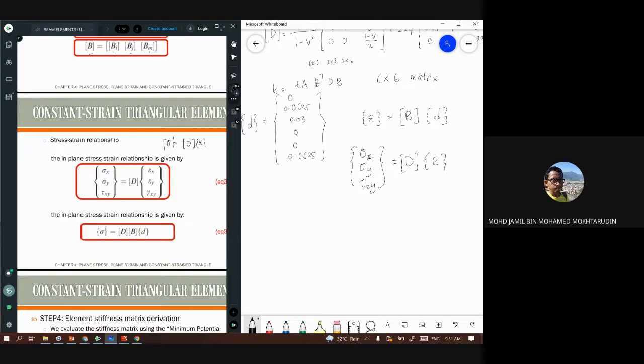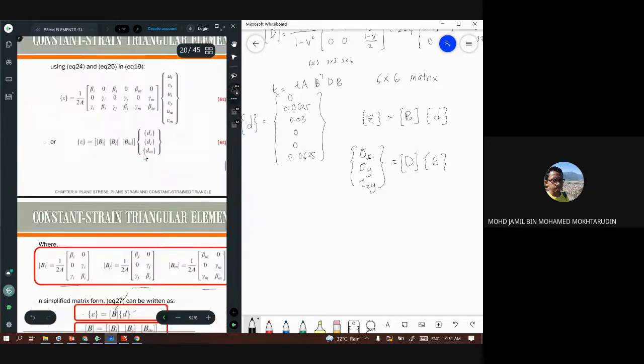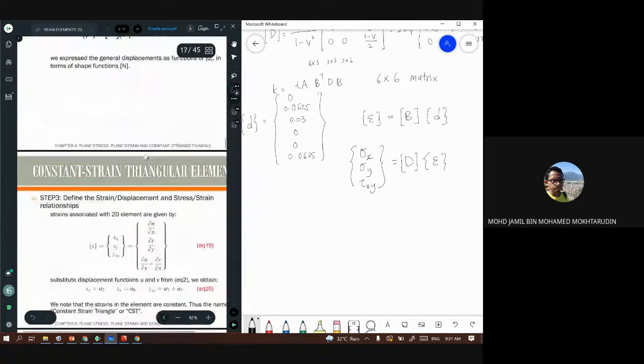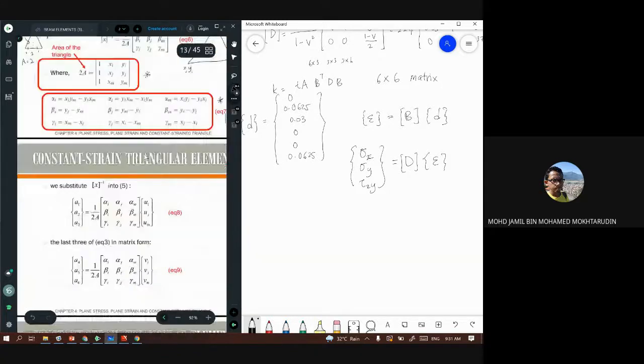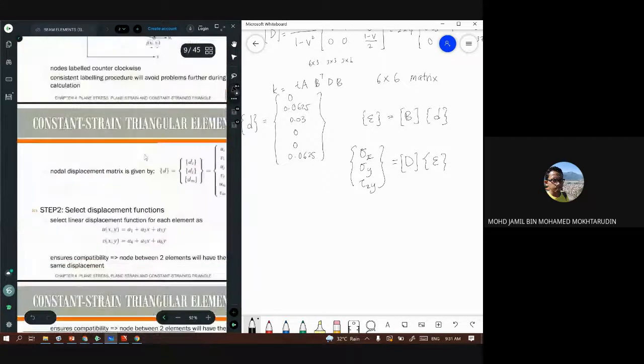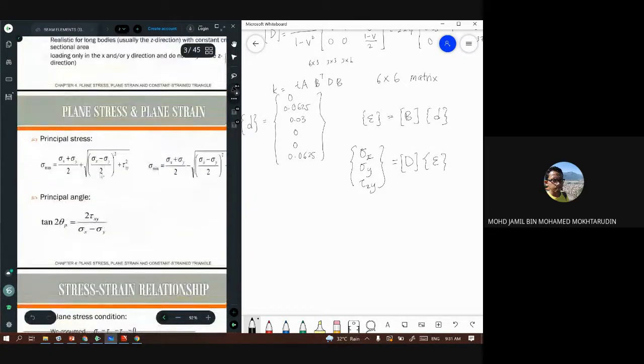Then you can use the formula for principal stress and principal angle. You have sigma x, sigma y, and tau xy, so you can use these to obtain the principal stresses and principal angle.